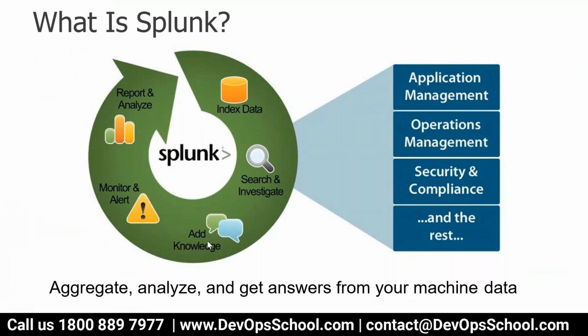So you have an index. Why do we not call it a database, but call it an index? Do you have any idea why? Honestly, no. Basically, we call it an index because we do not store the data as it is.